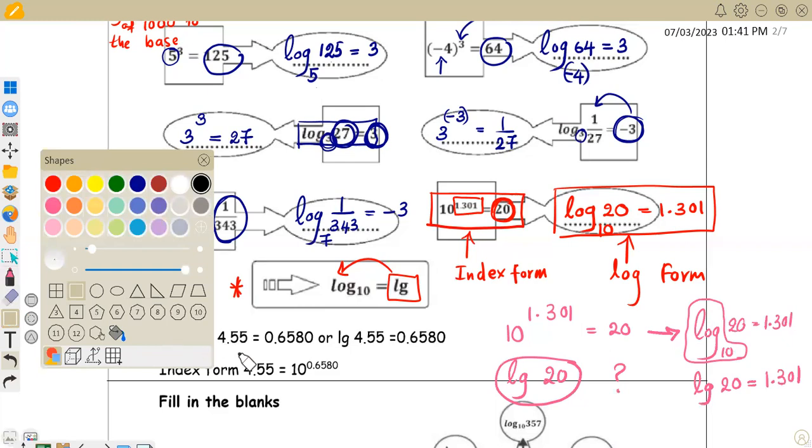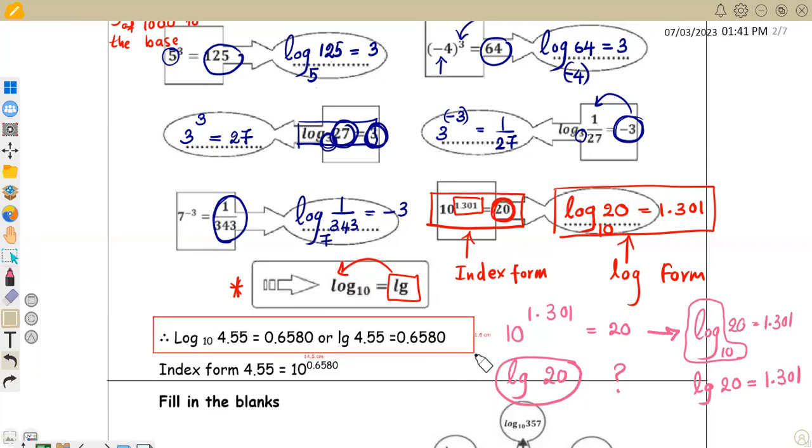Look at here. Logarithm of 4.55 to the base 10 equals 0.6580. That means instead of logarithm to the base 10, LG can be written.